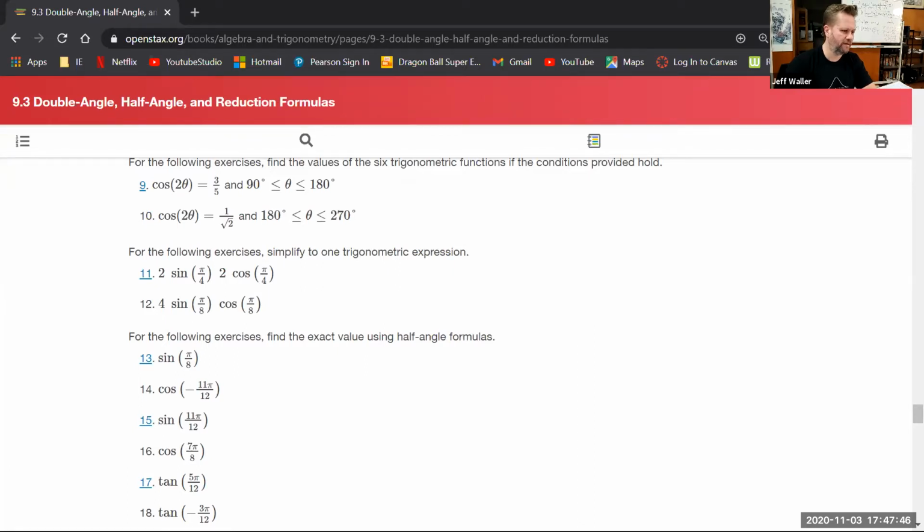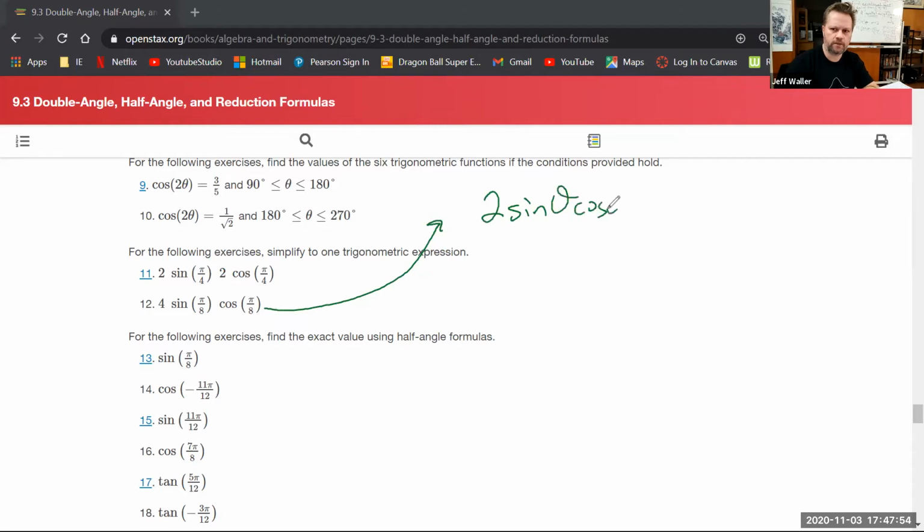I hope you don't take that wrong, but we've done this one several times. The big thing to realize is, I'll do the same thing I did the other night. So 2 sine theta cosine theta. Does anyone know how I can rewrite that? Beautifully compact. Sine 2 theta. Yes, that's the double angle formula for sine.